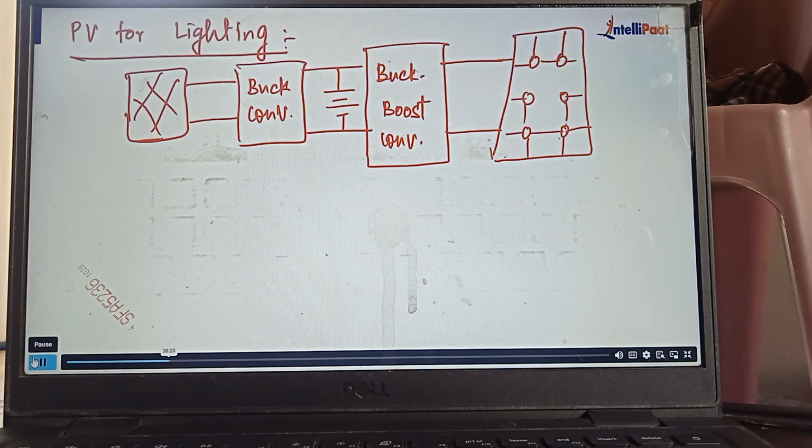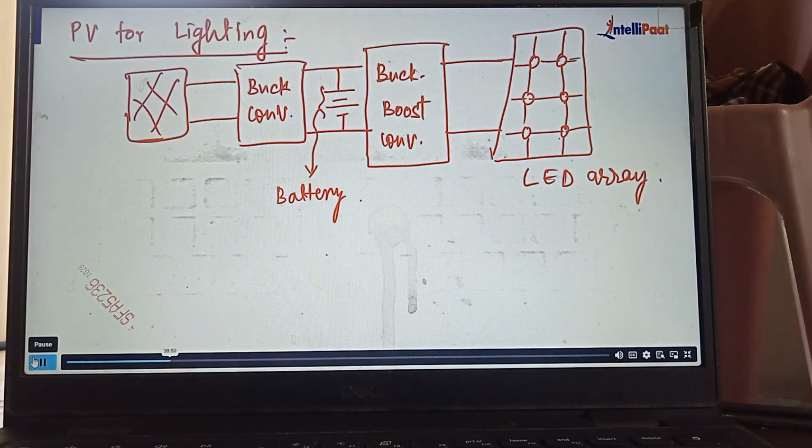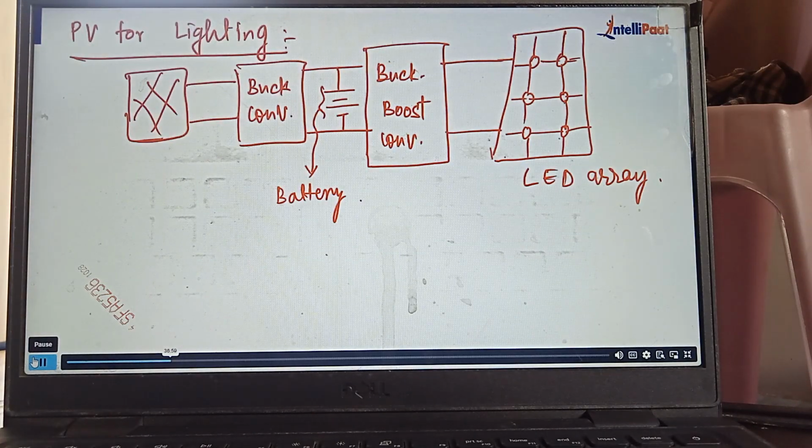This is a very interesting application. This is the LED array. And this is the battery. You might have seen this coming as a controller. This unit is coming as a controller.